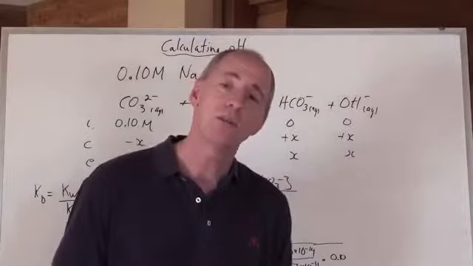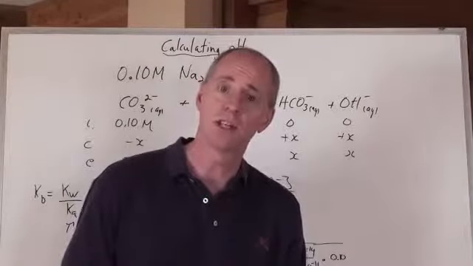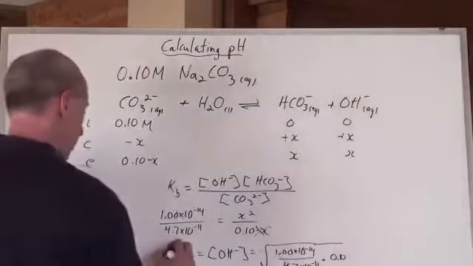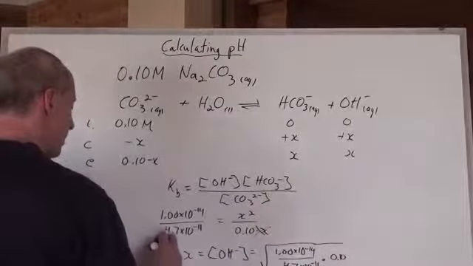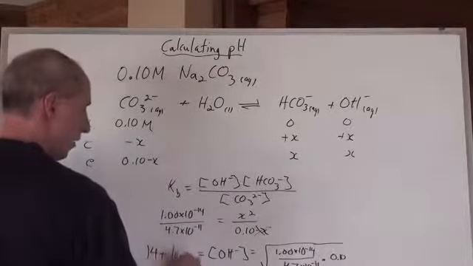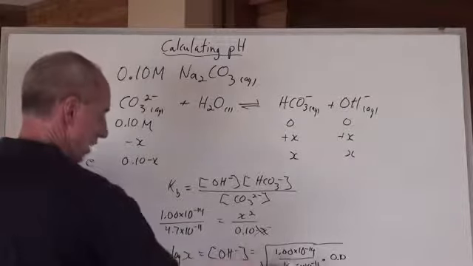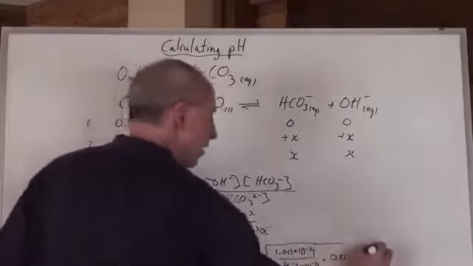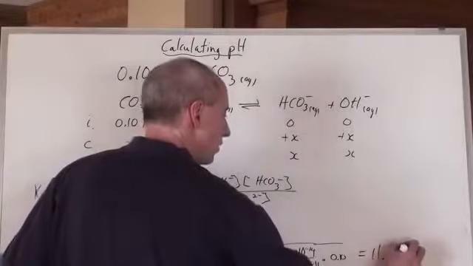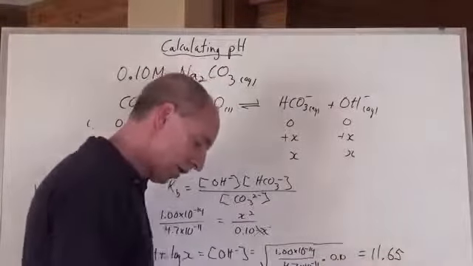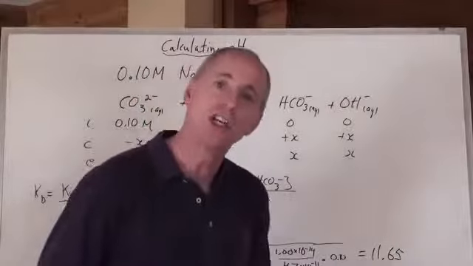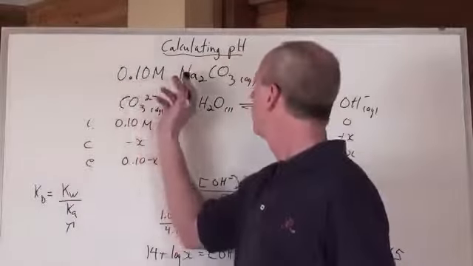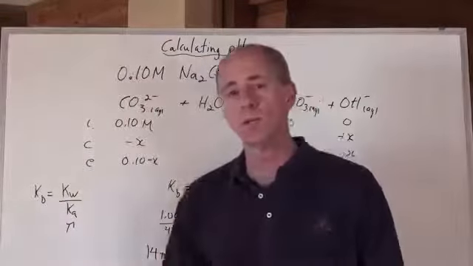How do you find the pH once you have the hydroxide ion concentration? You go 14 plus the log of that x. If you go 14 plus the log of that number, you're going to get 11.65. That's the pH of a solution of sodium carbonate at 0.1 moles per liter.